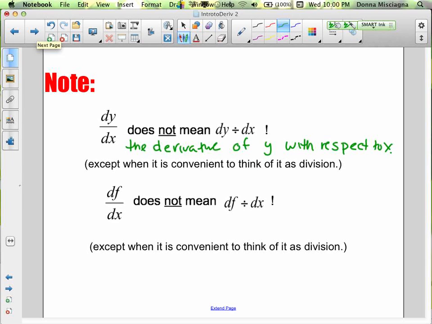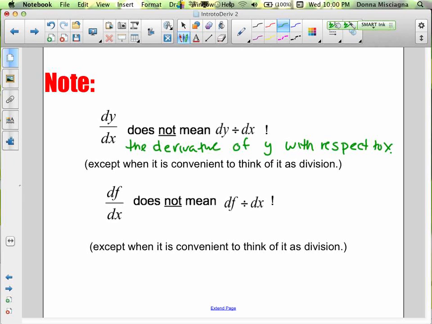Notice it says except when it's convenient to think of it as division. When we get to differential equations, we're going to be treating it like division. But that's something very different. So otherwise, dy dx is the derivative of y with respect to x.